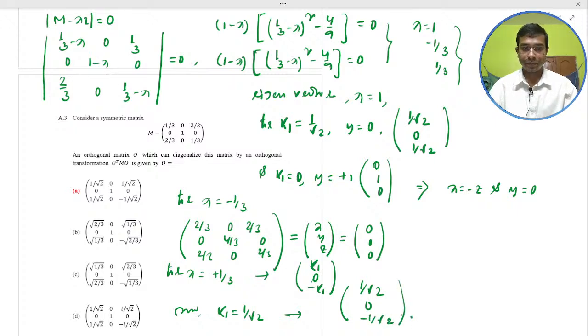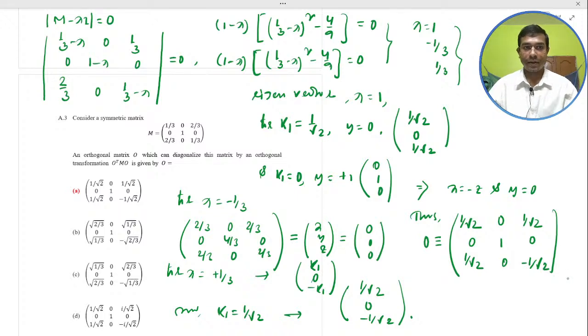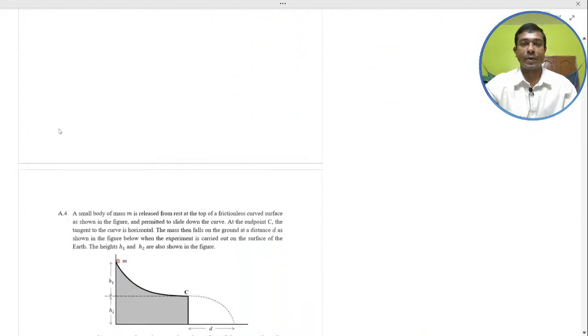Thus the O matrix becomes 1 by root 2, 0, 1 by root 2, 0, 1, 0, 1 by root 2, 0, minus 1 by root 2. So finally, our option A is correct. This will be the correct matrix. Next problem.